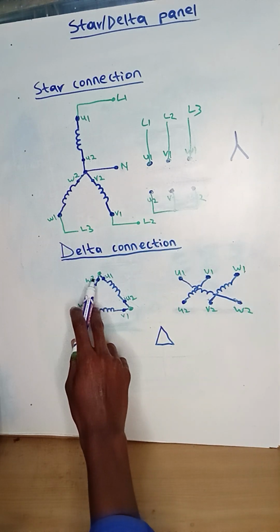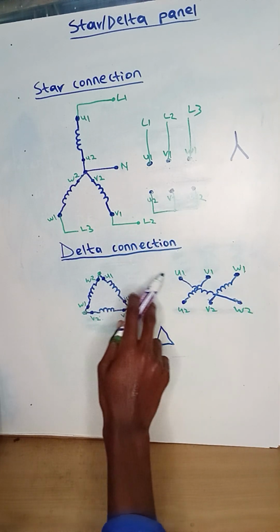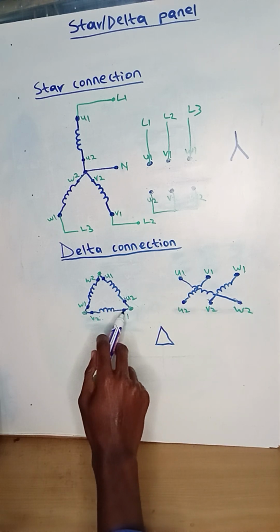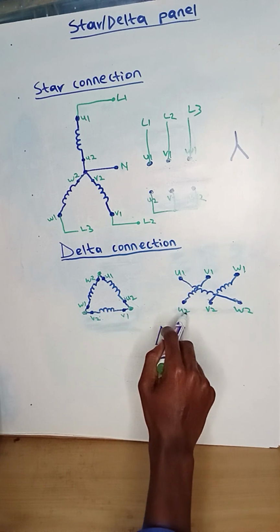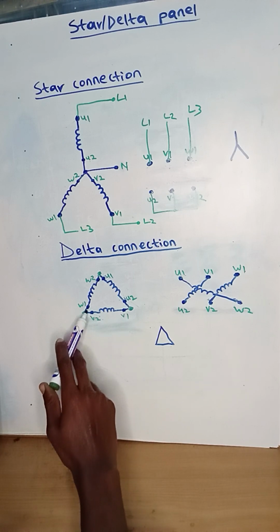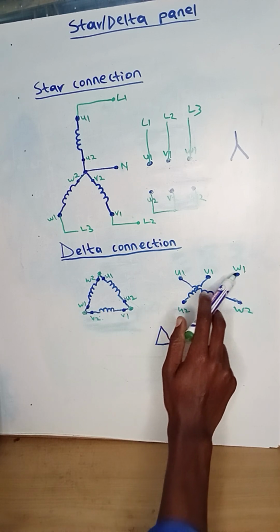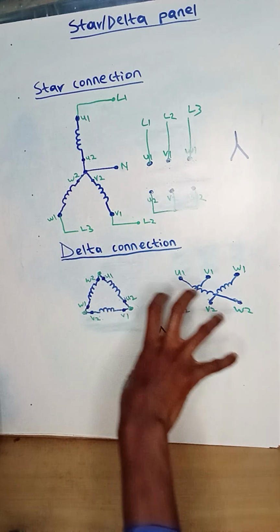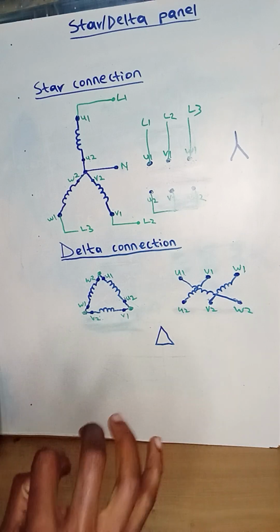So U1 is connected with W2, U1 is connected with W2, U2 with V1, U2 with V1, and then V2 with W1, V2 with W1. So that's how it is. So right now my 2 sketches of delta correspond with each other.